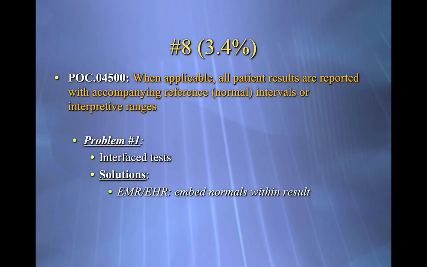When applicable, all patient results are reported with accompanying reference, normal, intervals, or interpretive ranges. So the first problem comes up with interface tests. You've got to make sure that the electronic medical record, when it takes a point-of-care test result in, already has the embedded normal ranges, so they are displayed with the result. That's one.